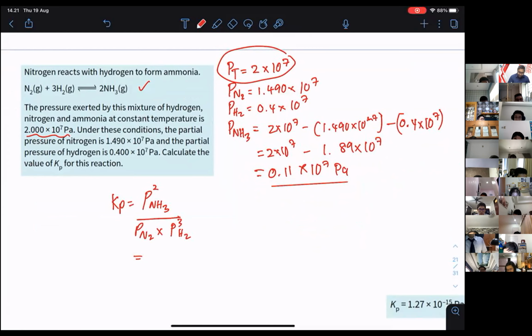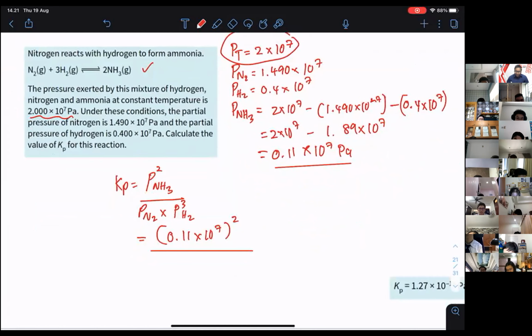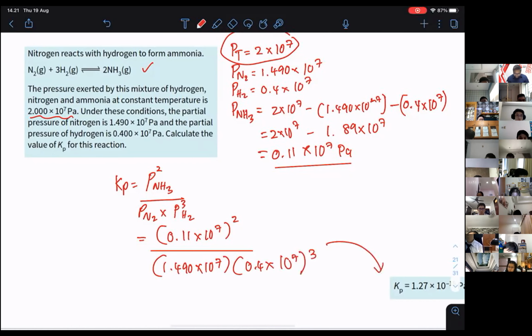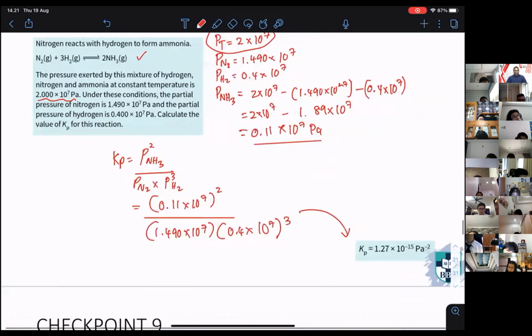For ammonia, 0.11 times 10 to the power of 7, to the power of 2, divided by nitrogen, 1.490 times 10 to the power of 7, and then for hydrogen, 0.4 times 10 to the power of 7 to the power of 3. To save time, I'll just let you calculate.